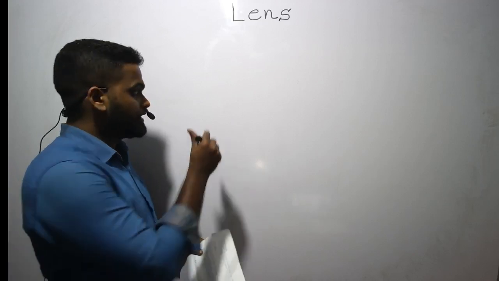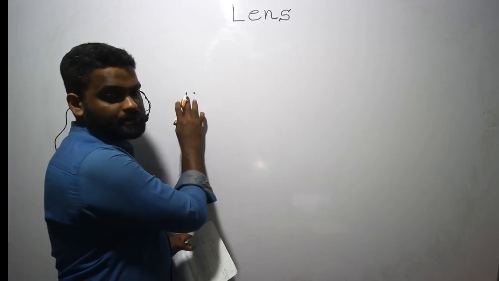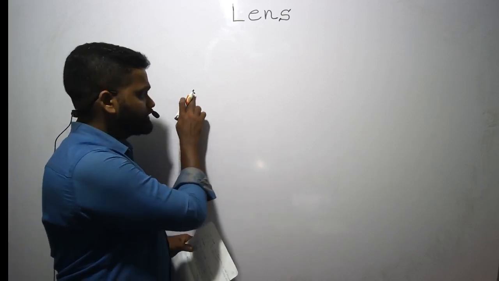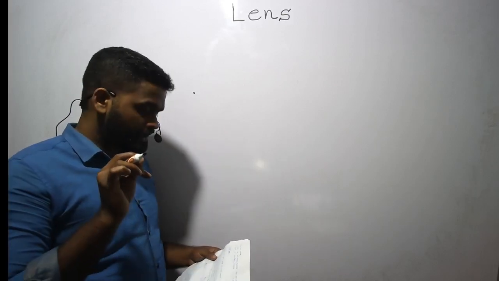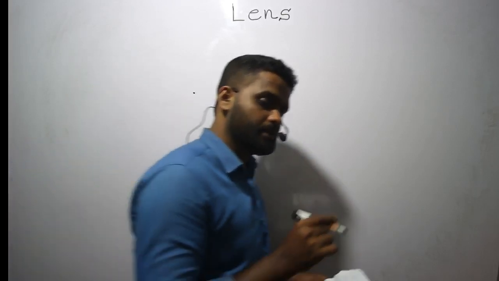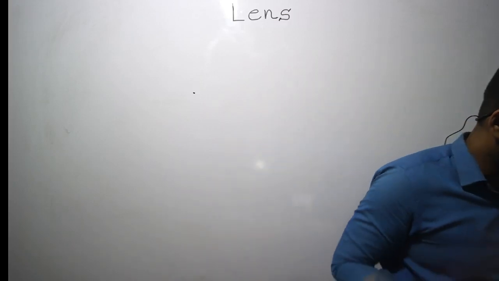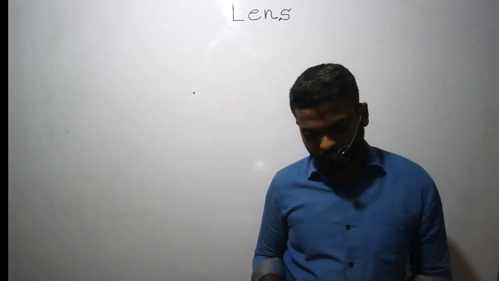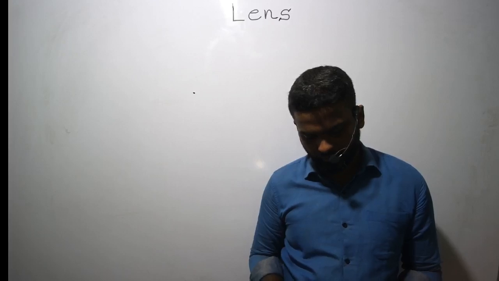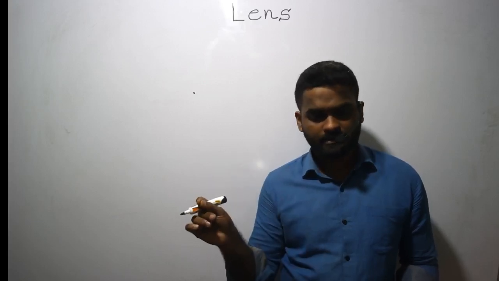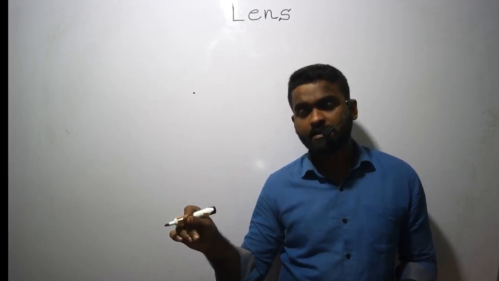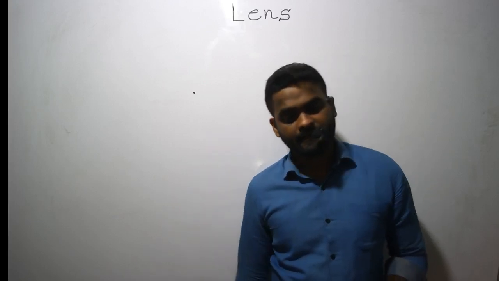Write down the first point, then I'll explain that. First point: a parallel beam that is not parallel to the principal axis.